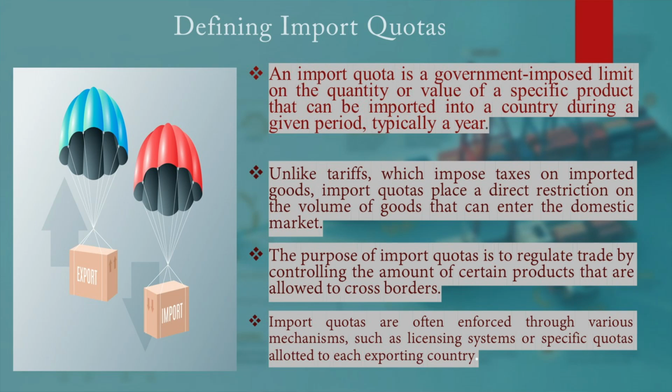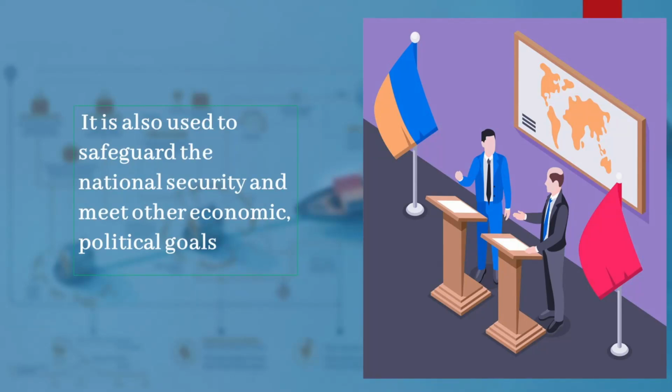The purpose of import quotas is obviously to regulate trade by controlling the amount of certain products that are allowed to cross borders. This restriction can be used to protect domestic industries, that is one of them. It can also be used to reduce the trade deficit, to safeguard national security, and to meet other economic and political goals.